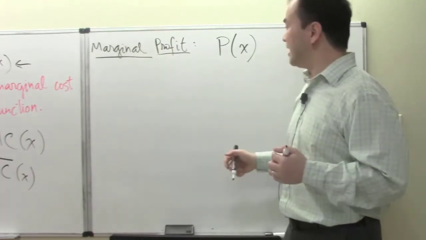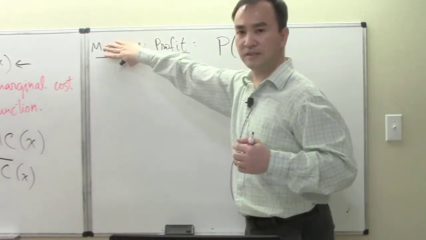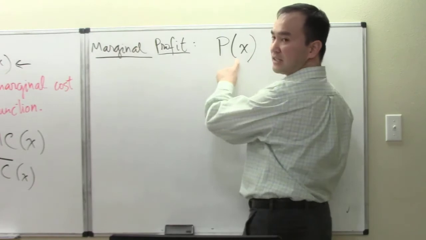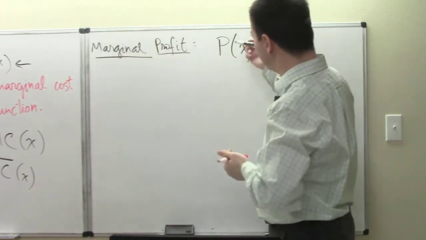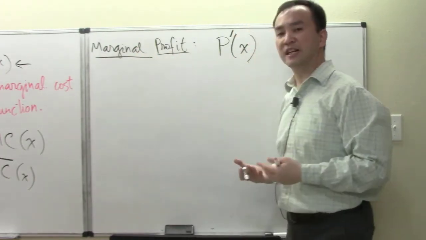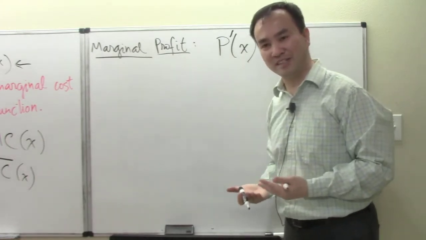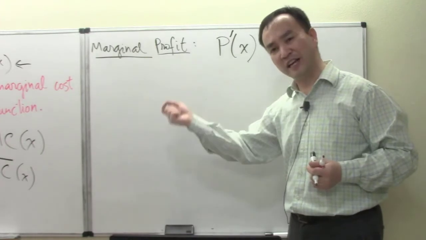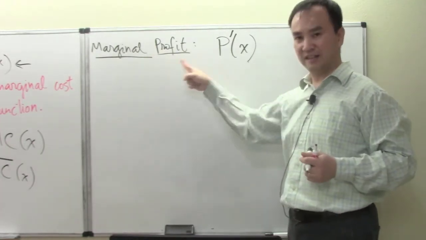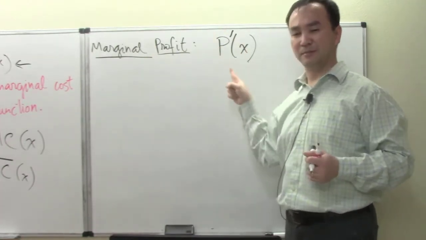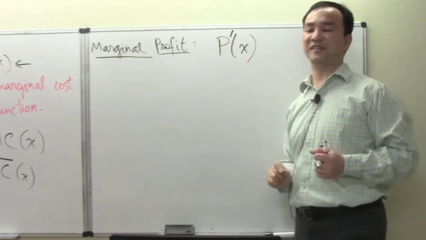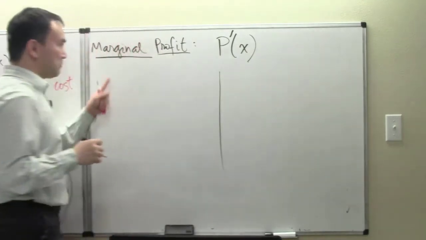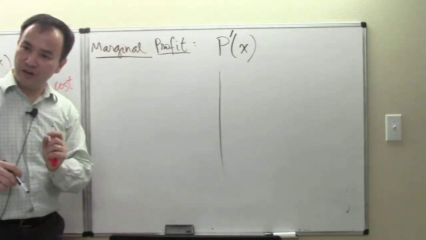As a conclusion we can draw from the example I brought up, even though it was only for revenue, we can generalize that marginal profit is the P prime of x function. Let me also remind you of the formal definition of marginal profits.